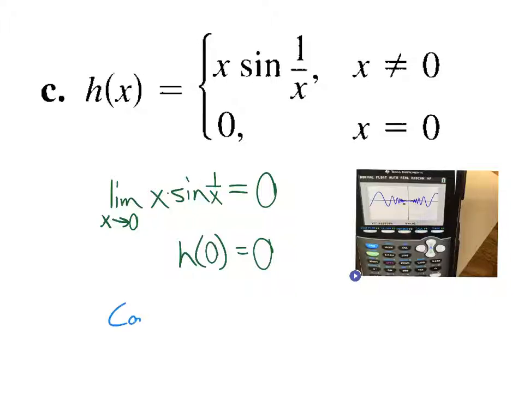This is continuous for all real numbers. So you've got to be careful with those, with the oscillating behavior. That's why we gave you a couple of those to test with the calculator the other night.